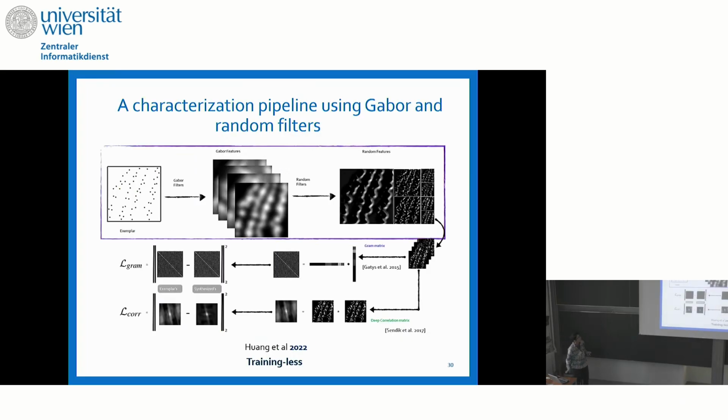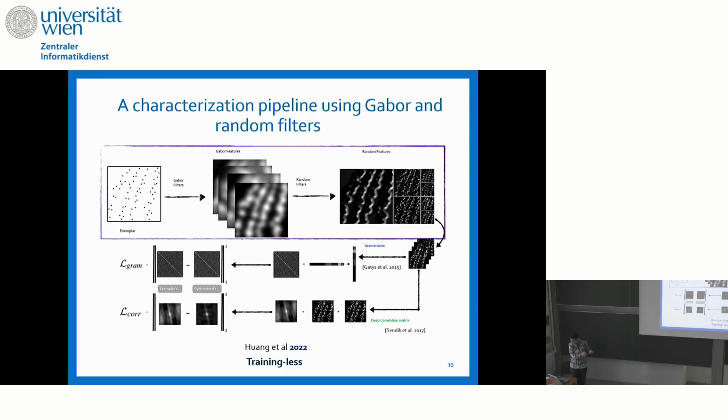Here is the complete pipeline. You can see that from this, we will compute the Gabor filters. We will have this random filtering that is added to it, with some nonlinear activation functions on top of it.